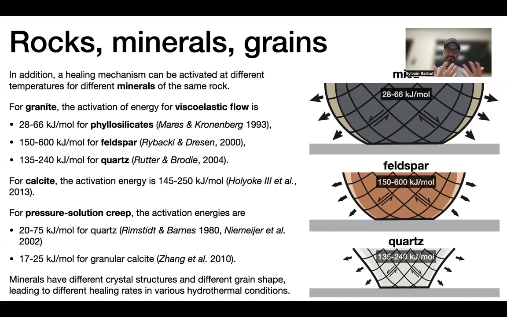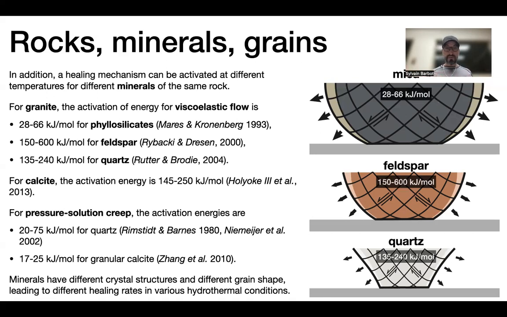So when you consider the thermal activation of friction, you need to consider mechanisms, but also the rock-forming minerals. We can continue this kind of description. For calcite, the activation energy is between 145 and 250 for viscoelastic flow.